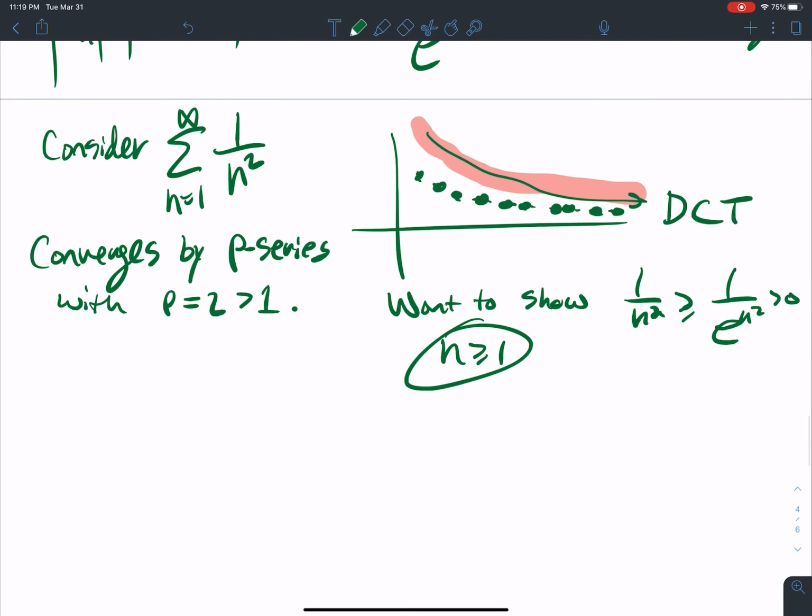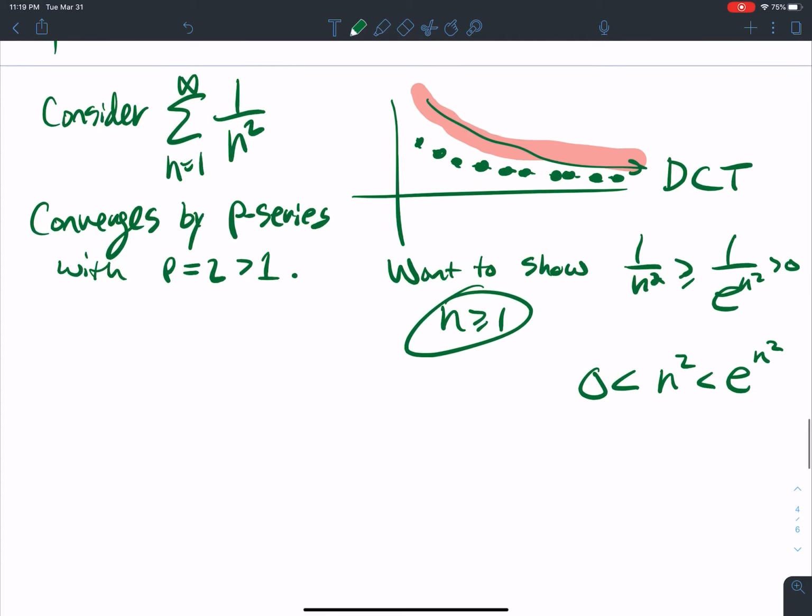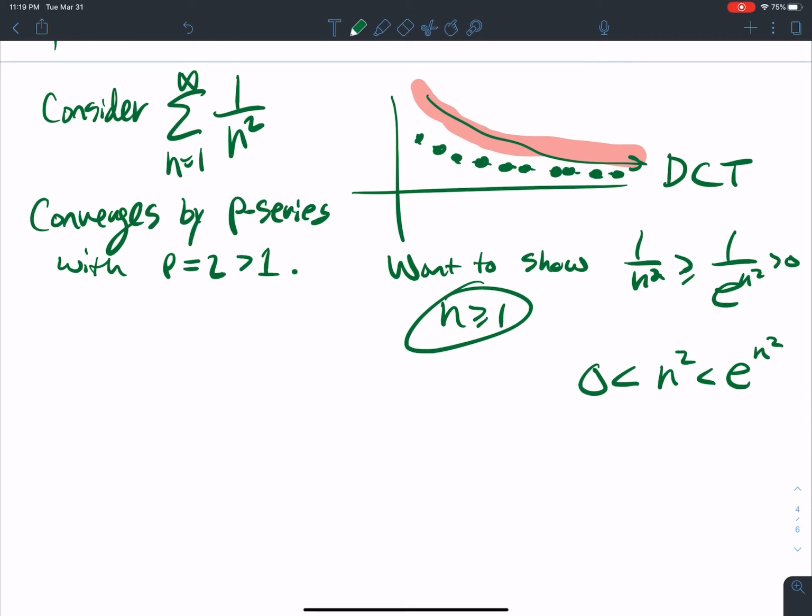So is this even possible to show? Well, let's think about this. If I flip it around, my inequalities flip around, what do I get? I get n squared less than e to the n squared. Yeah, I think that's safe to say, don't you? n squared is not as big as e to the n squared for n greater than or equal to 1.